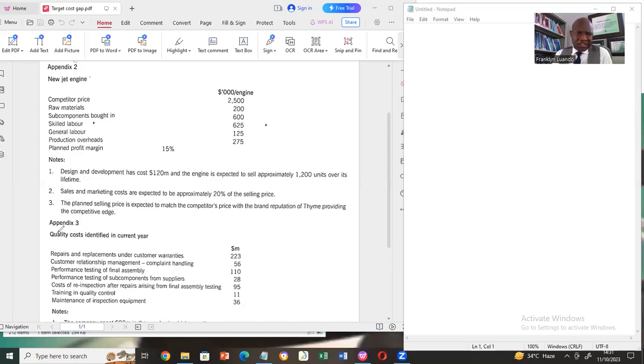So you can find the design and development per unit. This will be 120,000 divided by 1,200. So the cost per unit will be 100.